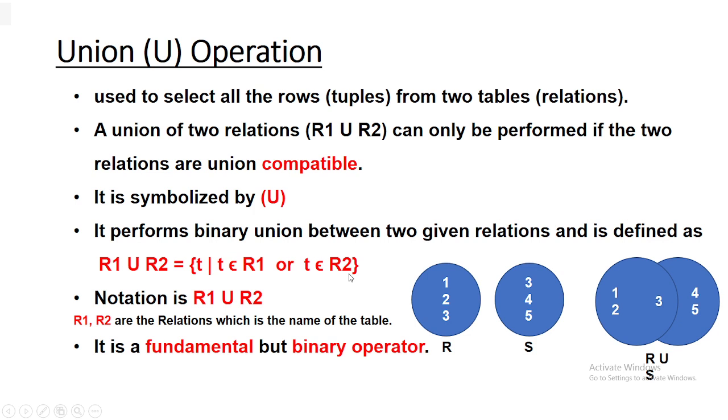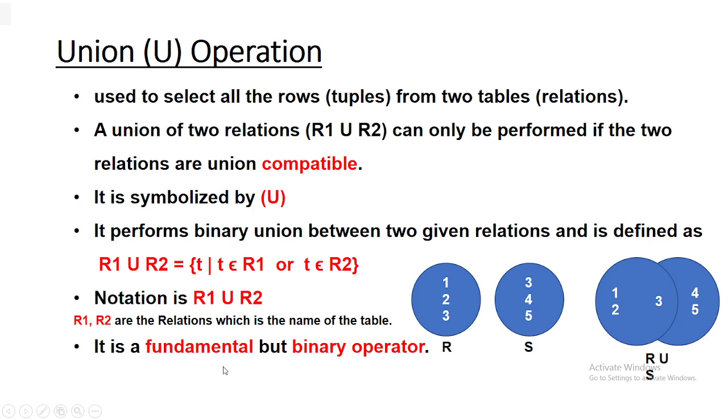This means the result of the union operation of R1 and R2 will contain the tuples of both R1 and R2. So basically it is selecting tuples from two relations. The notation of a union operation is R1 ∪ R2. Again, it is a fundamental but binary operator. Why binary? Because it is taking two relations.